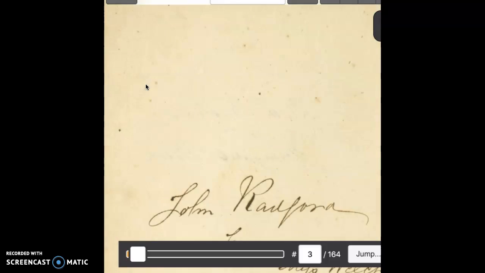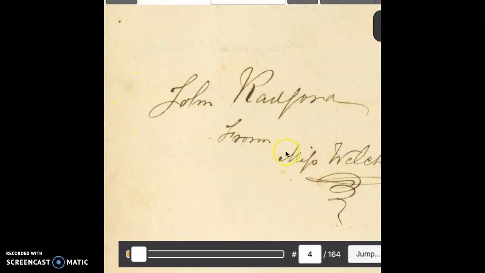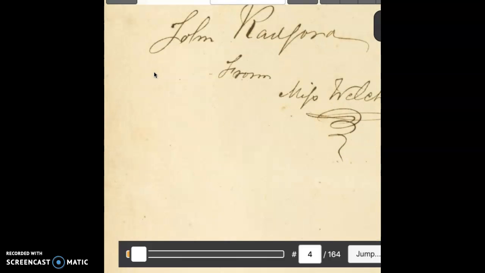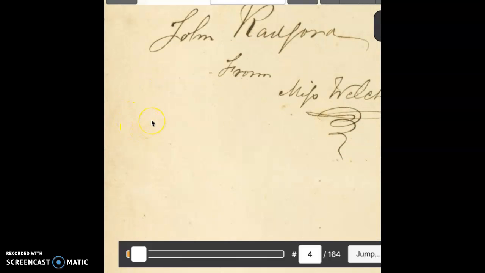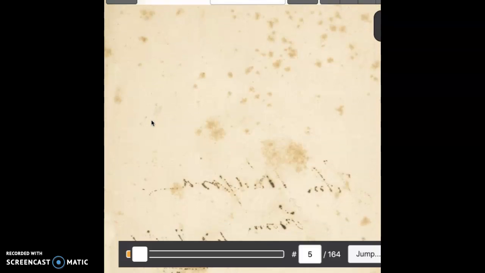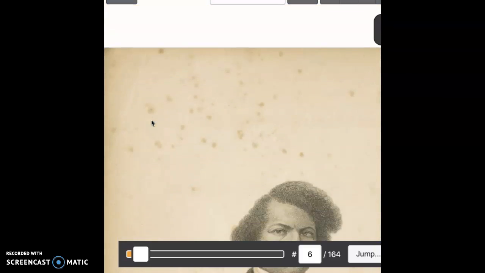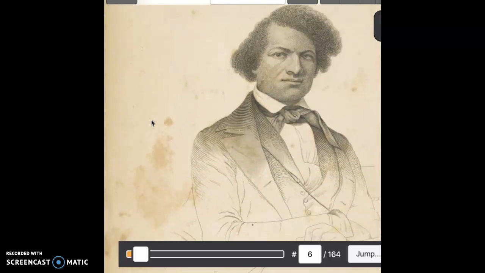And then it looks like Welch gave it to John Radford. So that shows us the provenance of it. Miss Welch receives it, reads it, enjoys it, thinks that Radford will enjoy it, and then gives it to him.